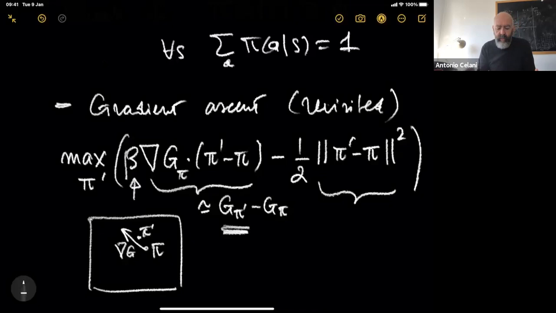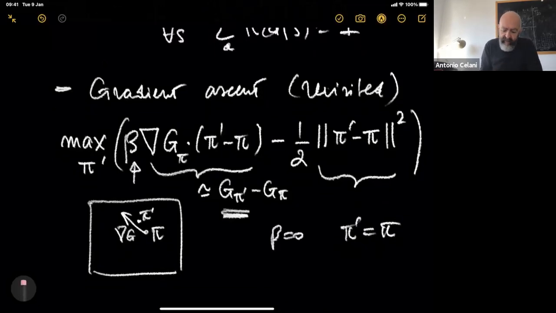So if beta is equal to 0, then I don't move. Pi prime will be equal to pi, because clearly the maximum of minus the distance squared is equal to minus the minimum of the distance squared, which is 0 if the two points are equal.